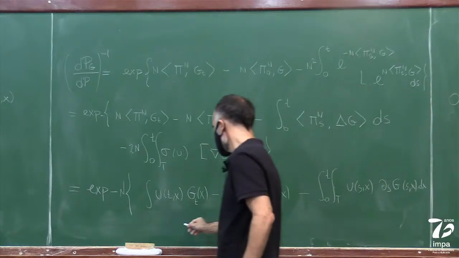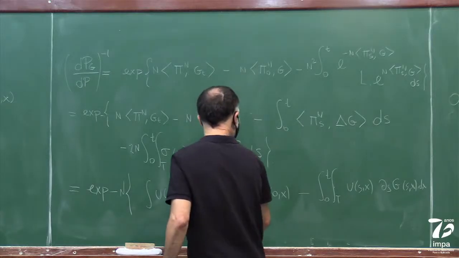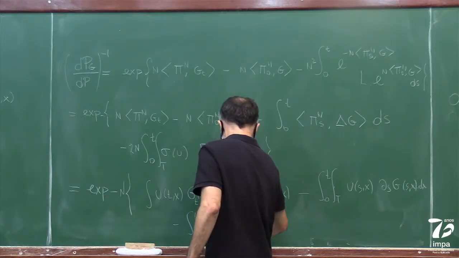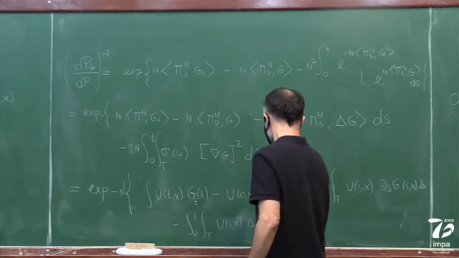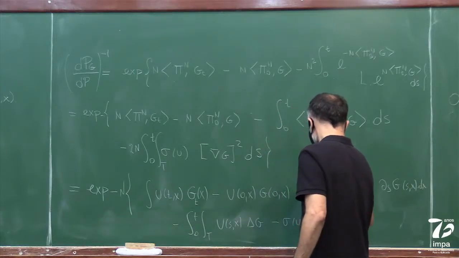And then these terms: minus u s Laplacian of g and minus sigma of u gradient g squared.